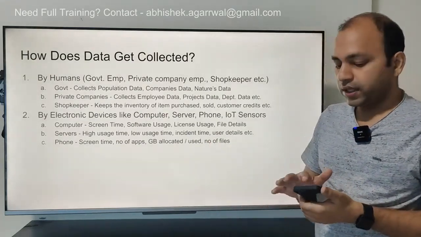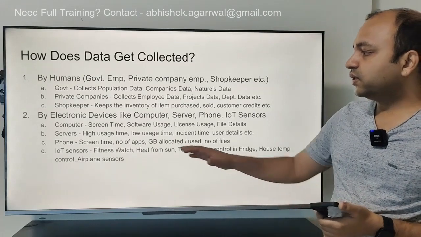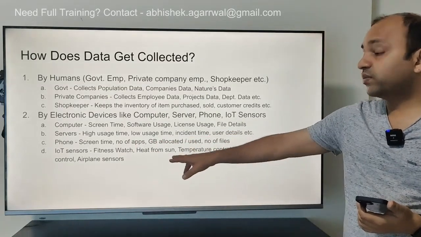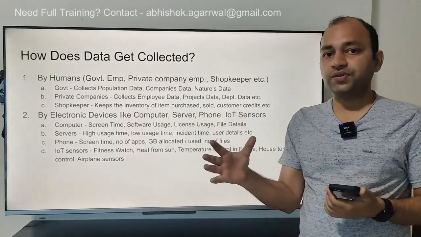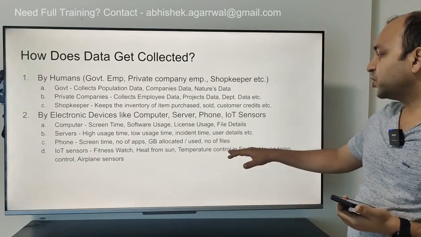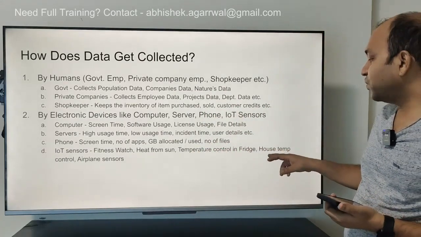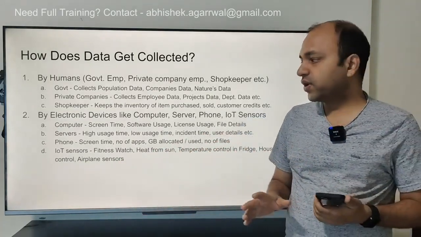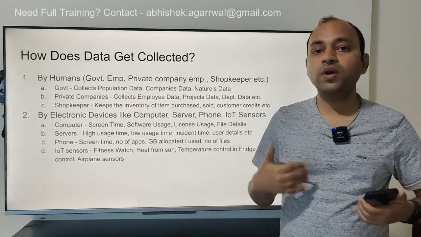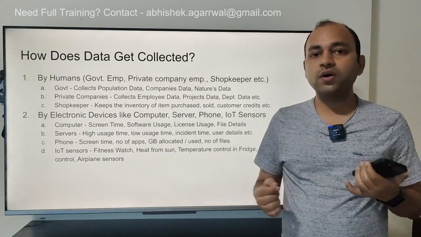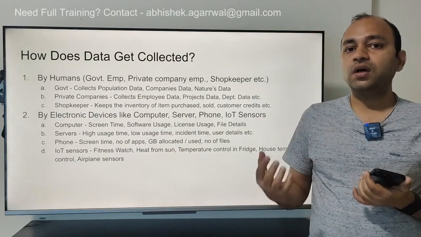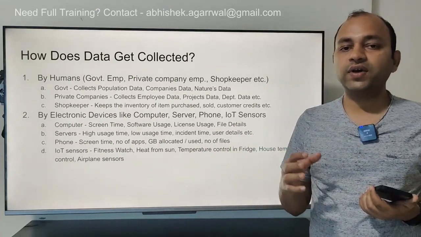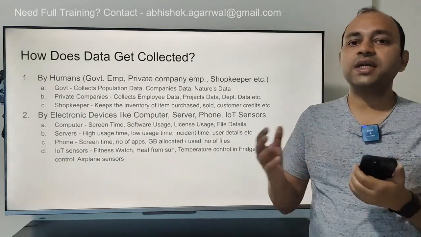And then the fourth one is IoT sensors, like for example a fitness watch, or heat from the sun captured by various different IoT sensor devices. Temperature control in the fridge is also one of those. House temperature control, airplane sensors, which generate a huge amount of data. IoT sensors are becoming more and more famous these days because every company wants to capture how the devices or the environment are responding and whether this can really work based on the settings they have done.